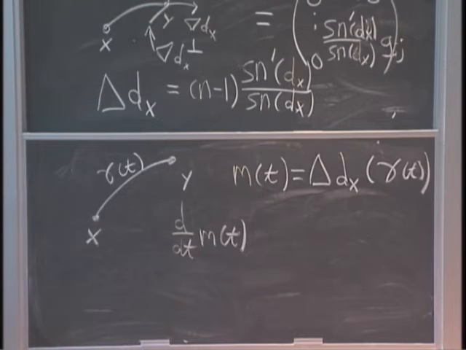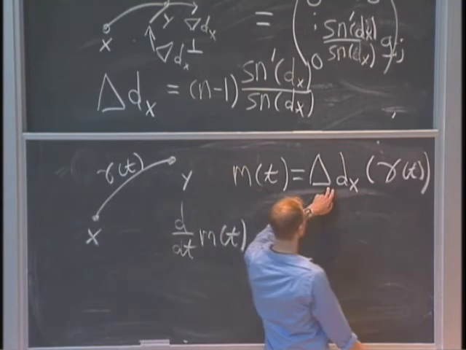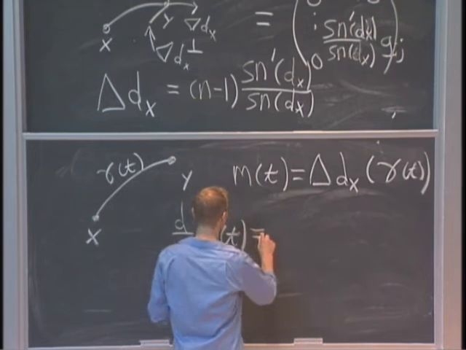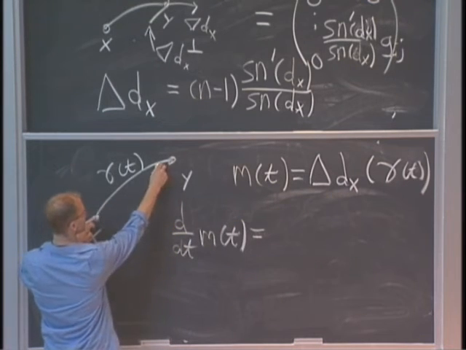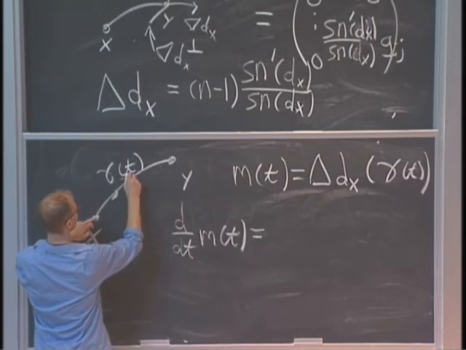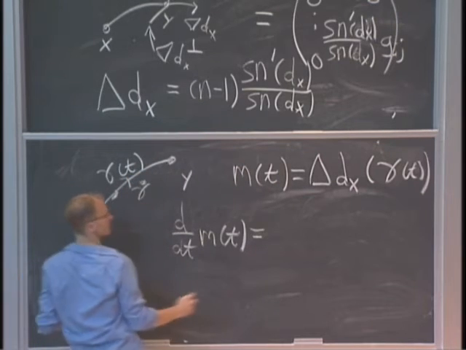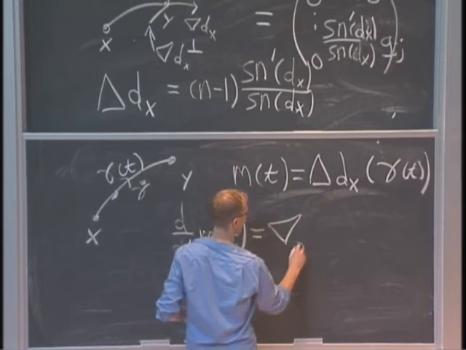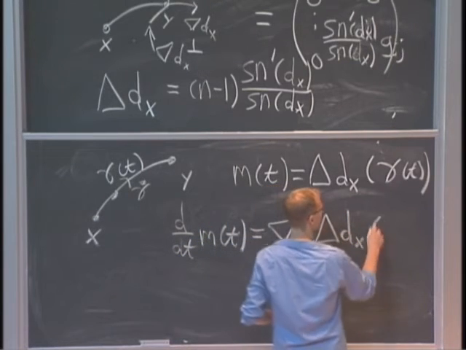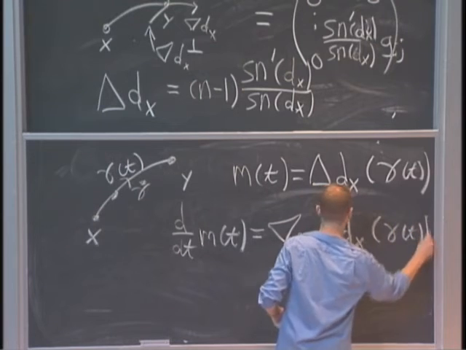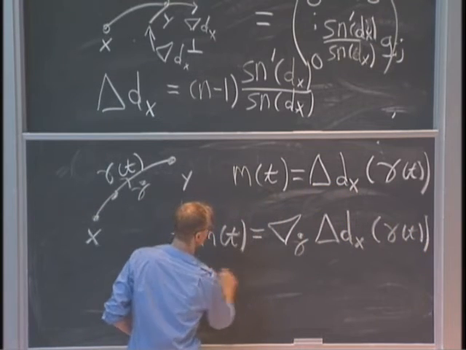What's d/dt of m of t? Well, given what this is, it's the rate of change of this function in this direction, right? So this is the rate of change in the gamma dot direction of the Laplacian of the distance function, evaluated at gamma of t. But what's gamma dot?